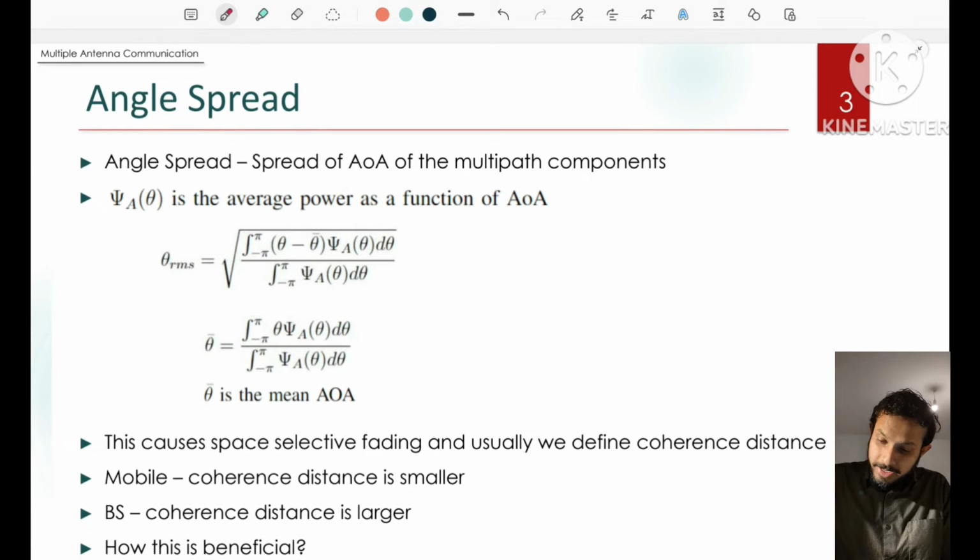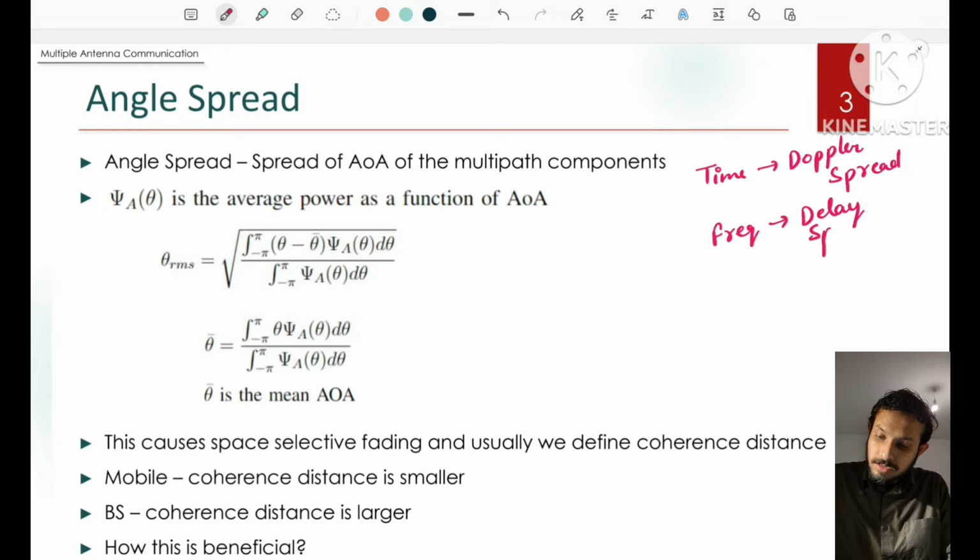So now, in case of the time dimension, we have studied Doppler spread. Then in case of frequency, we have studied delay spread. Now in the space dimension, we will study angle spread.